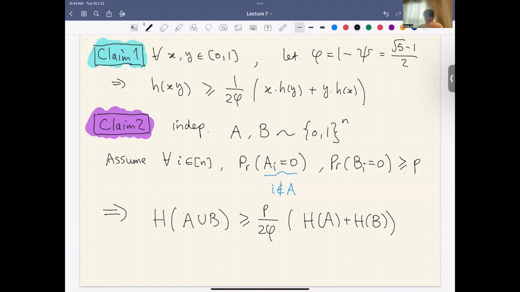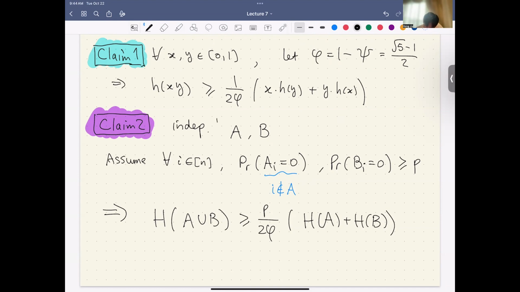Right. Here, my notation is not... I don't mean A and B are uniformly distributed from 0, 1. I just mean you have two random A, B from this notation. The wiggly notation is for uniform distribution.